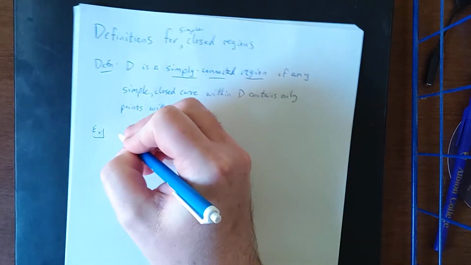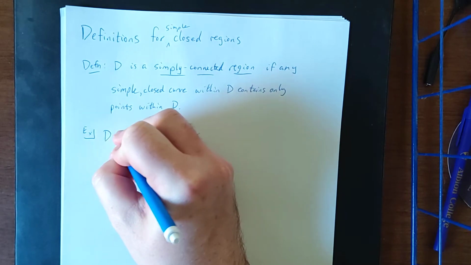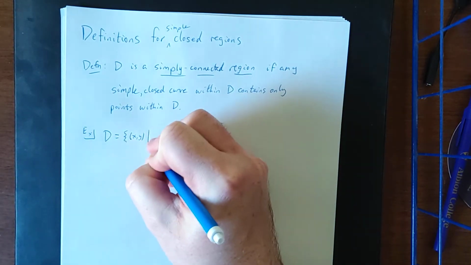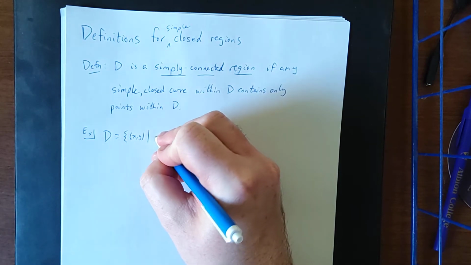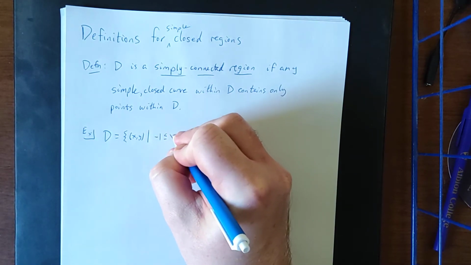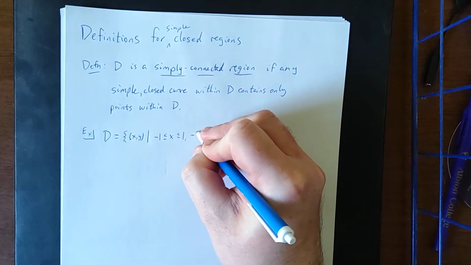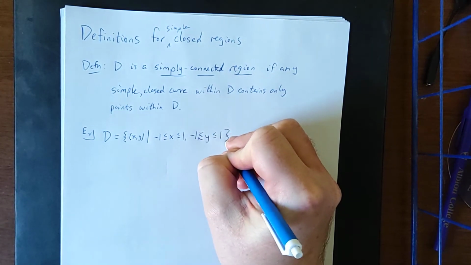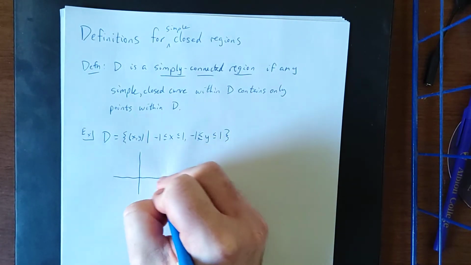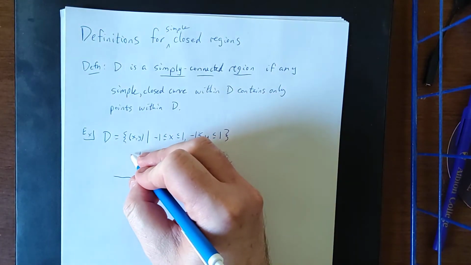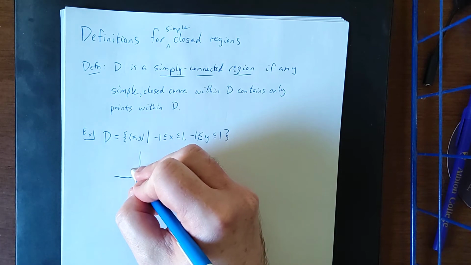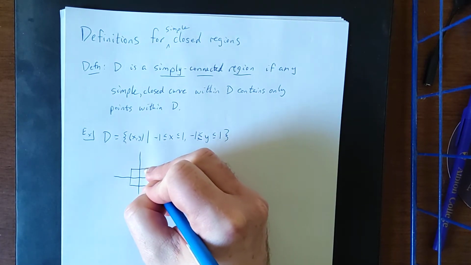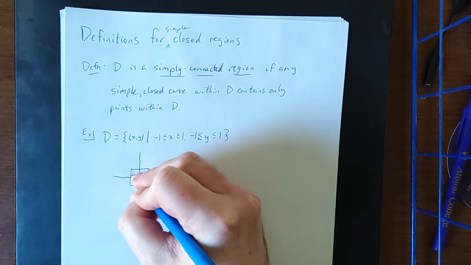An example of a simply connected region would be the region D, which is going to be all of the points within the xy plane, such that x and y are both between -1 and +1. Sketching this within the xy plane, we have x is -1, y is -1, y is +1, and x is +1.